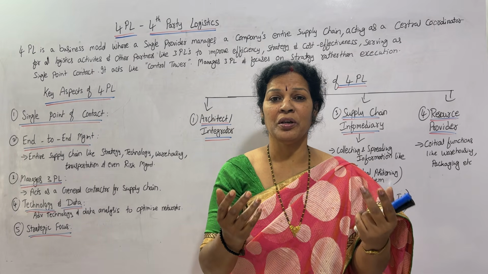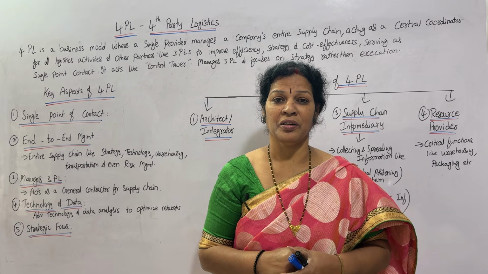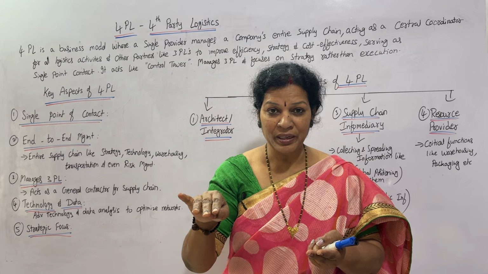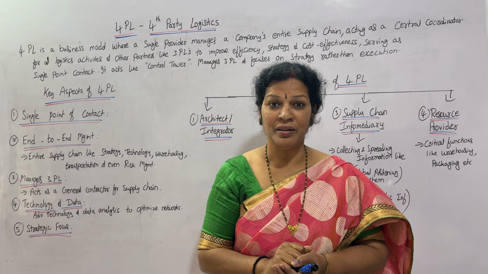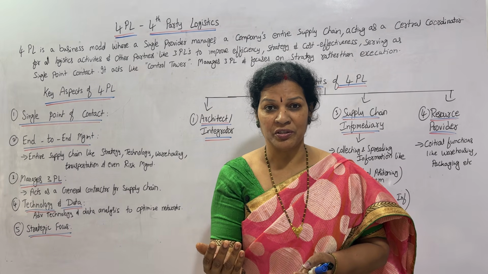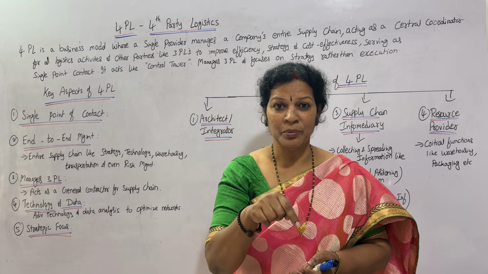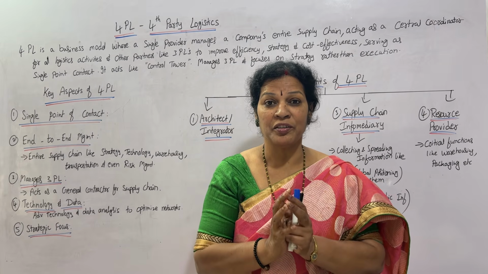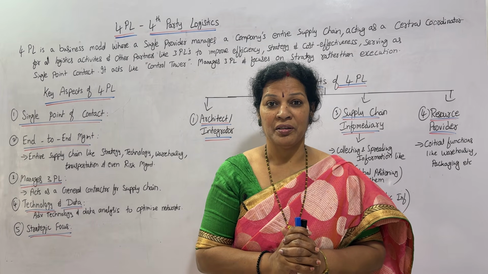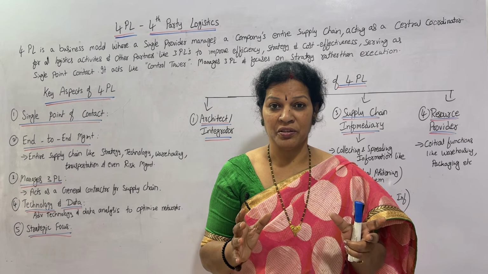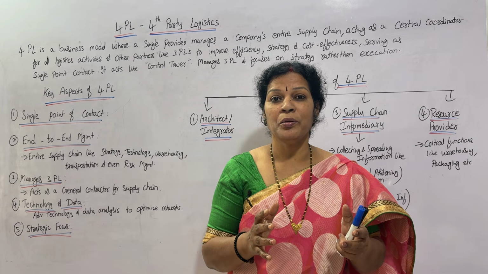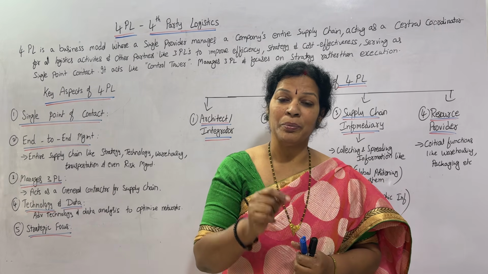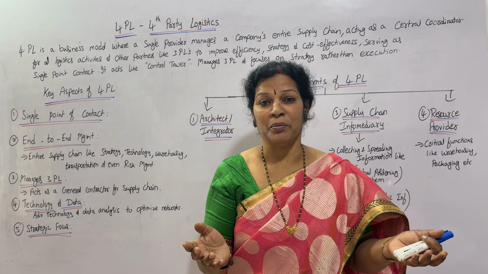It means they are going to control everything in the organization, whatever these 3PLs are doing. 4PL has control over the 3PL, and also they'll be giving their own suggestions, handling the 3PL, and with their new technology, as per the trend going on in the present competitive world, they are going to cope up with the new technology and also handle the 3PL, so that the client will not have any problem.